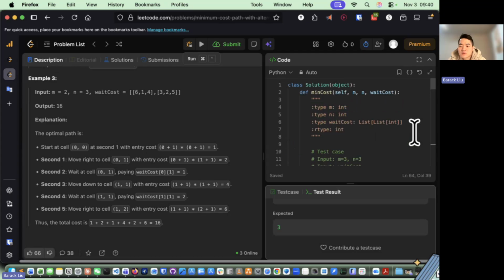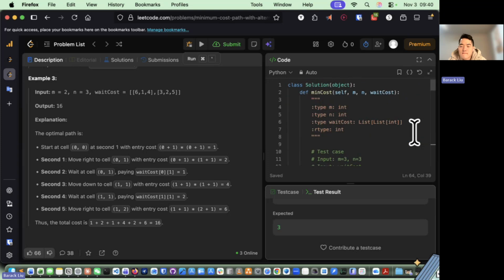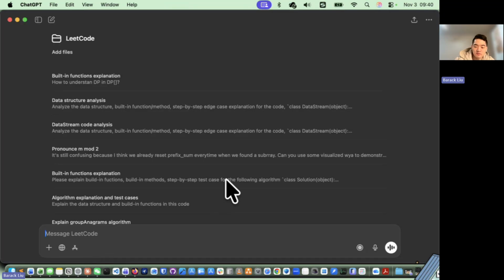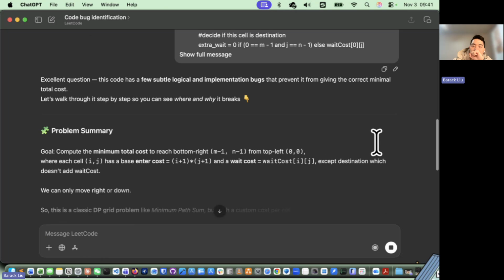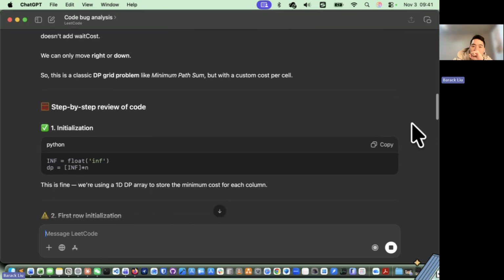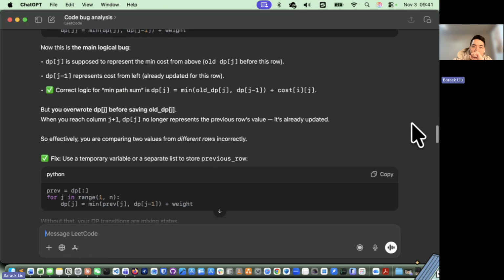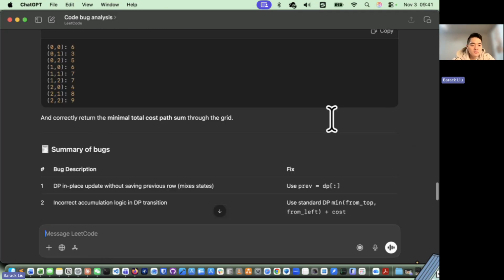Indentation. Let's ask GPT for help with the bugs in the code. Okay.